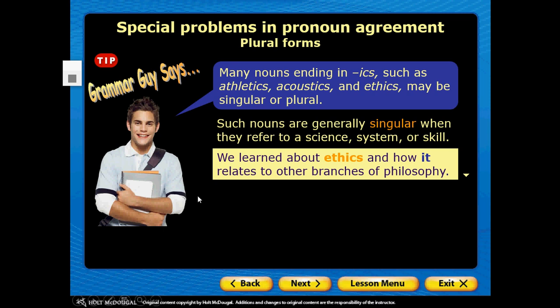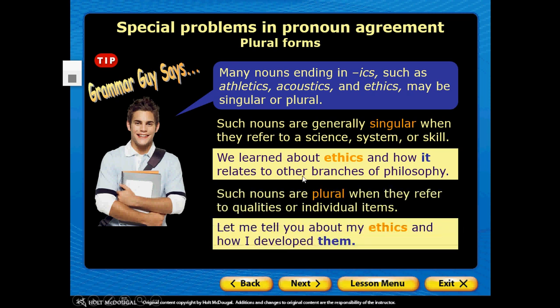So it's a field of science. Such nouns are plural when they refer to qualities or individual items. Let me tell you about my ethics. So it's referring to qualities, individual items, my ethics, and how I develop them. So we can tell that it's plural because he's talking about himself.